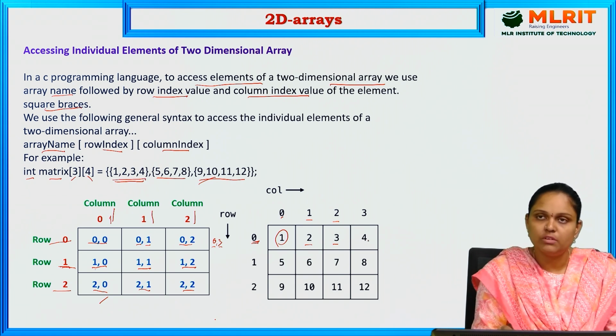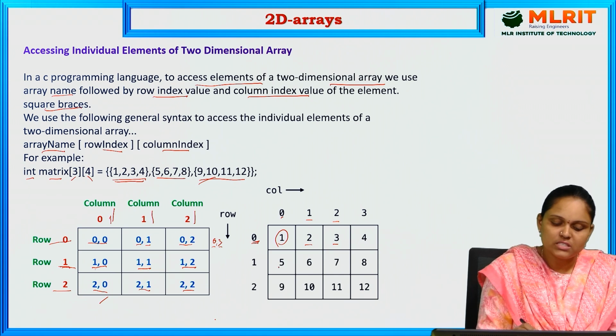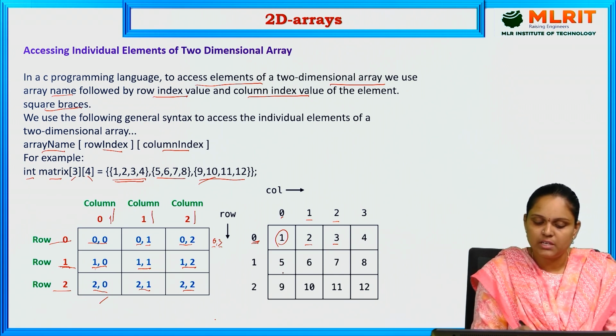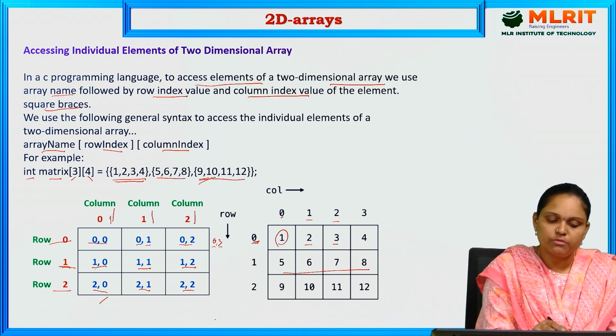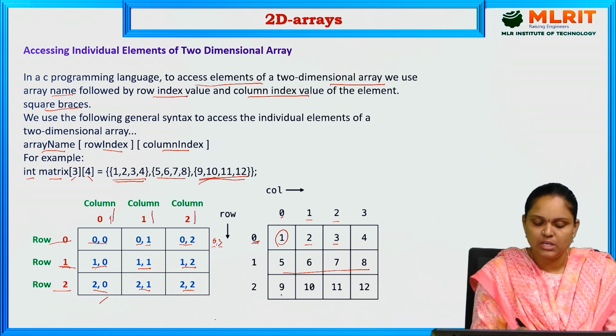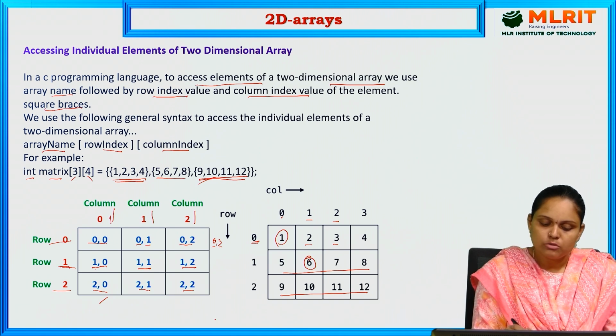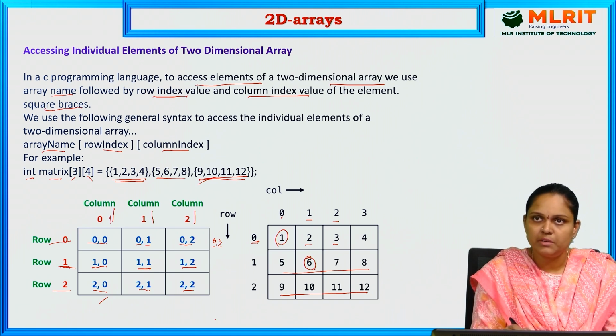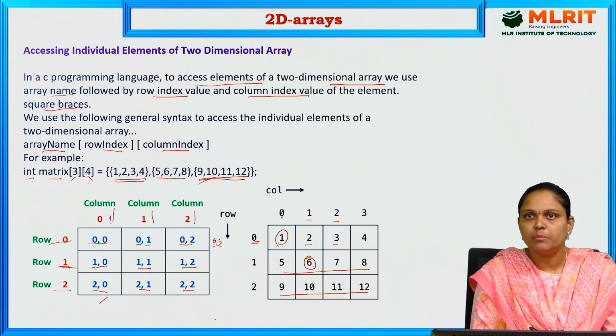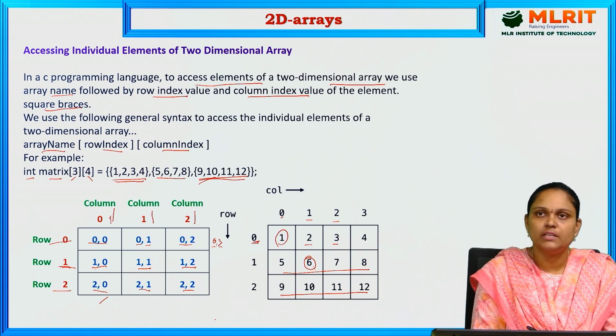So 1, 2, 3, 4 come under the first row, 5, 6, 7, 8 come under the next row, and the next 4 elements, 9, 10, 11, 12, come under the third row. So we are accessing these particular elements by using their index values. To print the 6th element, we use the row and column indices 1, 1, and we get the 6th element. If you want to print a particular element or perform any operation on it, at that time we can access those elements by using the row index and the column index.